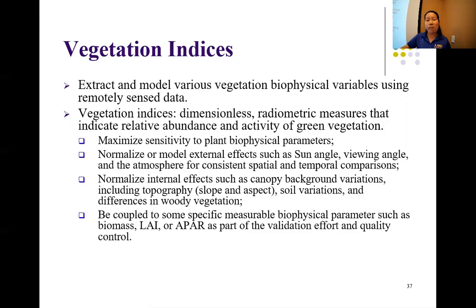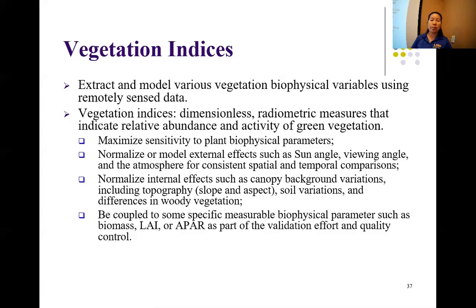They provide maximized sensitivity to plant biophysical parameters, and also normalize or model external effects such as sun angle, viewing angle, and atmosphere for consistent spatial and temporal variations. This often refers to various options to reduce the atmospheric or background impact on the index.